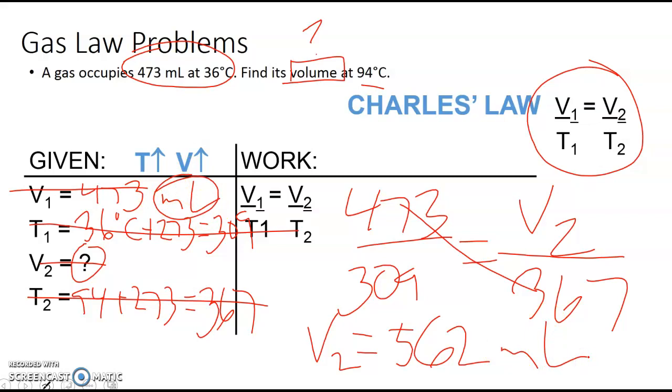I'm going to use 3 sig figs because I have 3 sig figs in the 309 and in the 367. Even though these were given as 2 sig figs, I'm always assuming it's going to be in Kelvin. So that's how we do Charles' law.